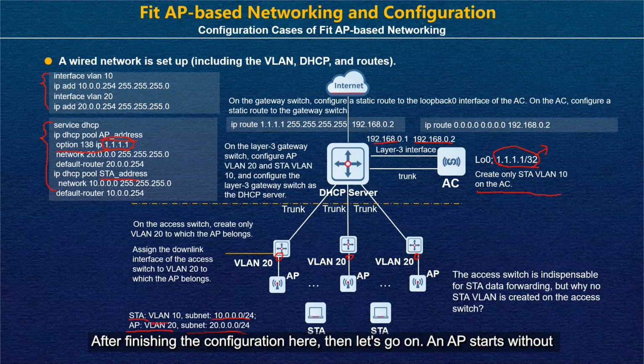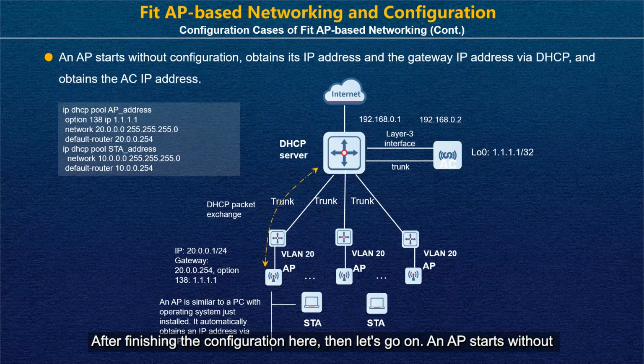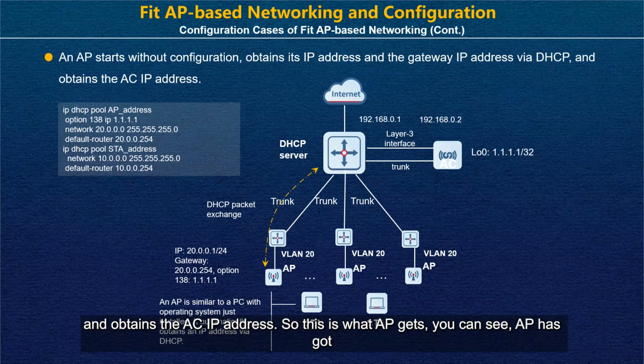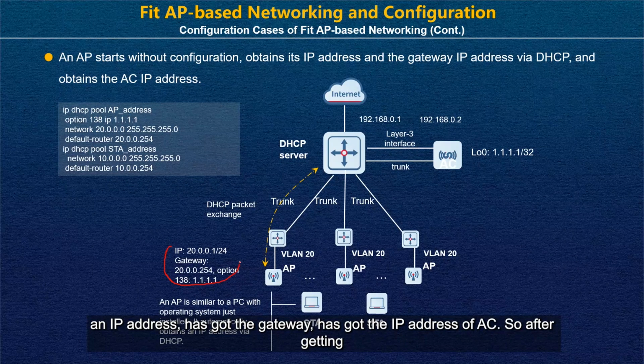After finishing the configuration here, let's go. An AP starts without configuration, obtains its IP address and the gateway IP via DHCP, and obtains the AC's IP address, right? So this is what the AP gets. You can see the AP has got an IP address, the gateway, and the IP address of the AC.